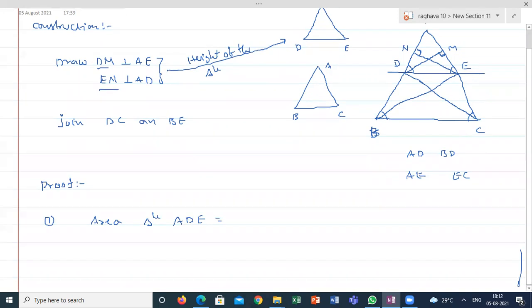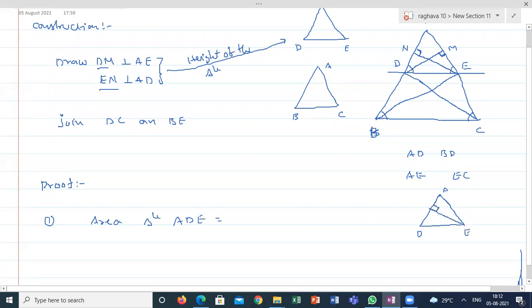Anyone? How many ways can you take the area of the triangle ADE? This is the triangle ADE, and this is the height of the triangle ADE.